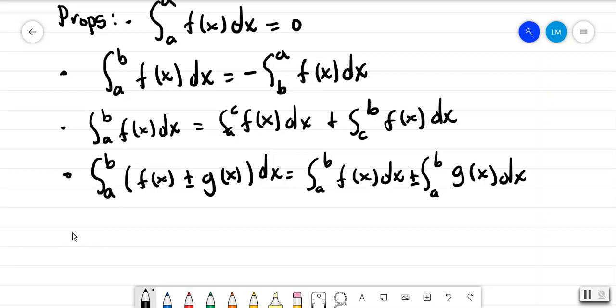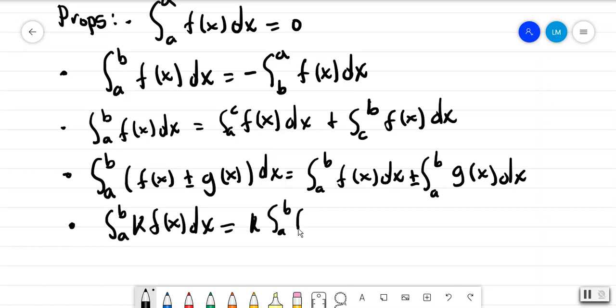Yeah, there's actually another, and that's if we integrate from a to b some constant k multiplied by f of x dx, this constant comes out. So that'll just be k times the integral from a to b of f of x dx. So constants can come out.